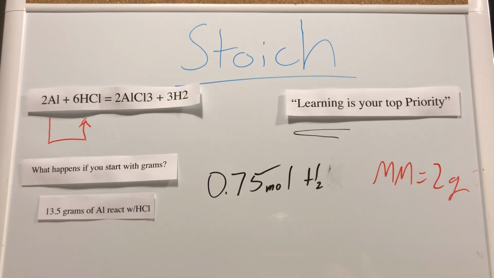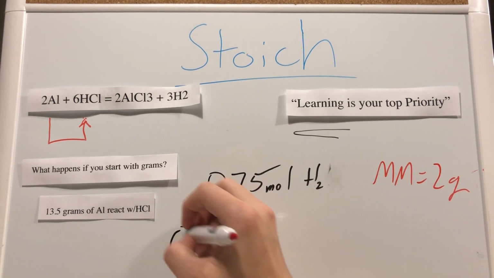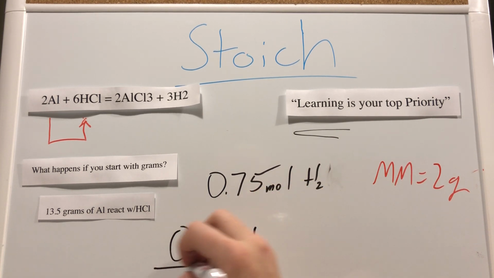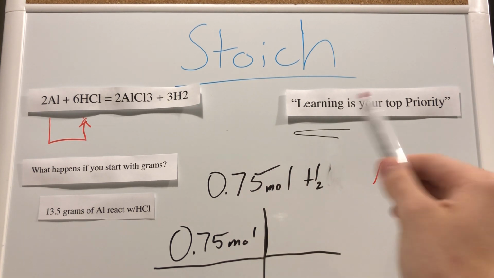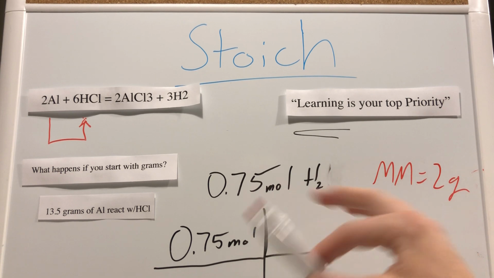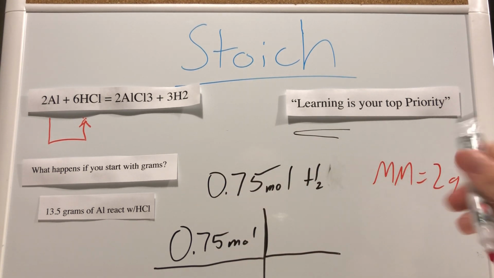So right there. Now we're going to take our mole value, draw our picket fence, and remember, learning is our top priority. So the units that we're trying to finish on need to end up in the numerator, or in the top.